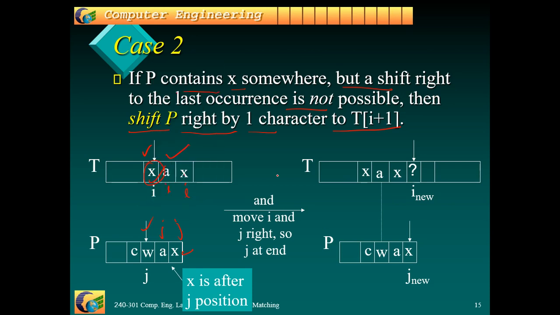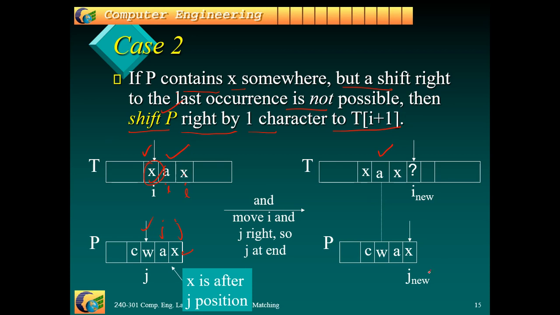I plus 1 is here, right? So to I plus 1, you will shift. When you shift to I plus 1, it is nothing but shifting P right by one position. P was here, in correspondence with G. Now, when you are shifting to T of I plus 1, it means that you are shifting P right by one position on the whole.